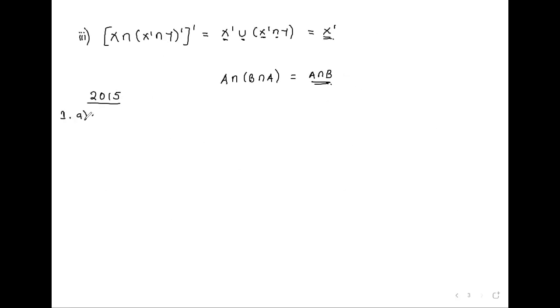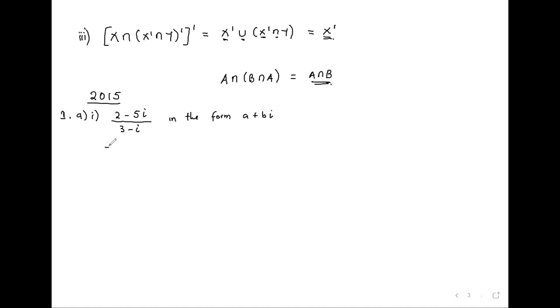1A, part 1. Express the complex number (2 minus 5i) over (3 minus i) in the form a plus ib, where a and b are rational numbers. Expressed in the form a plus bi, or ib, means the same.